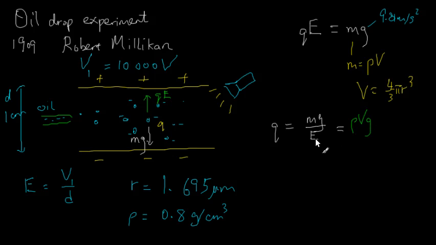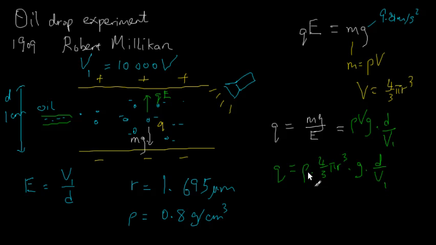And E is actually V1 over D. So if I put it in here, we're dividing by V1 over D, and that gives us times D over V1. So Q is equal to, and V is this, rho times 4 over 3 pi r cubed times g times D over V1.